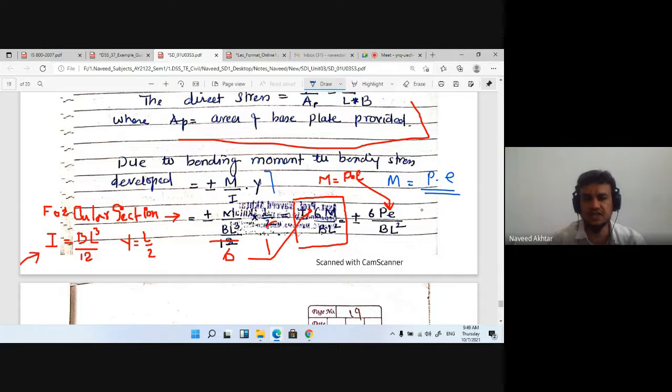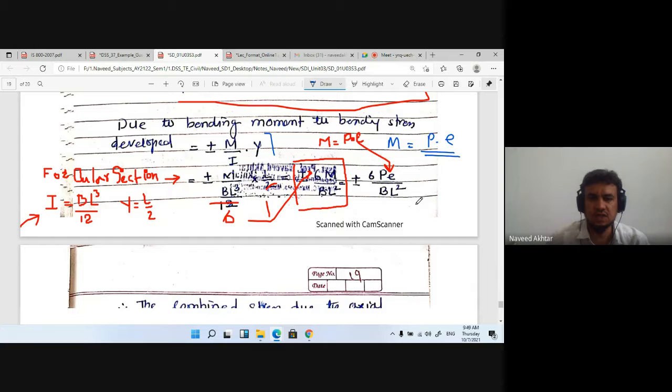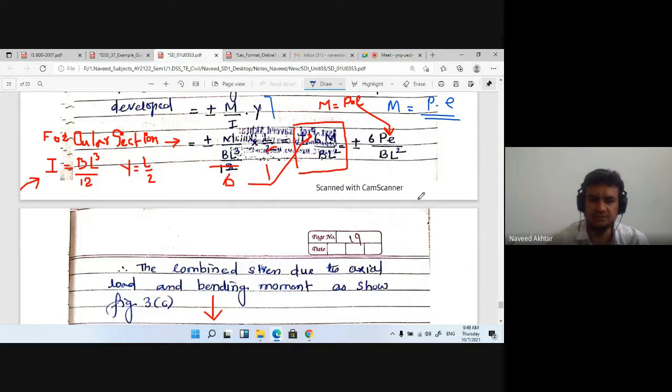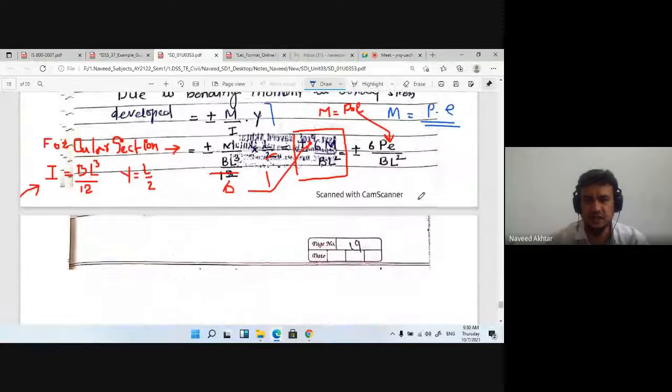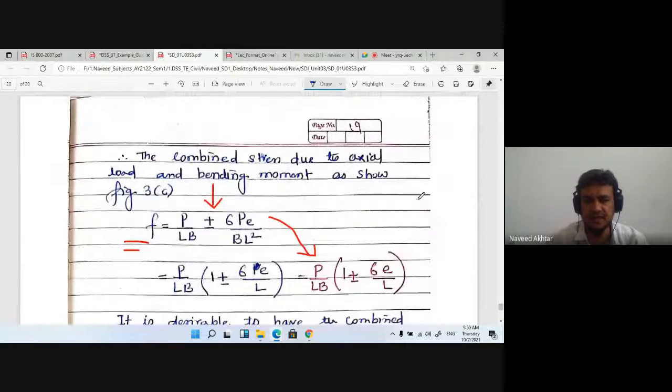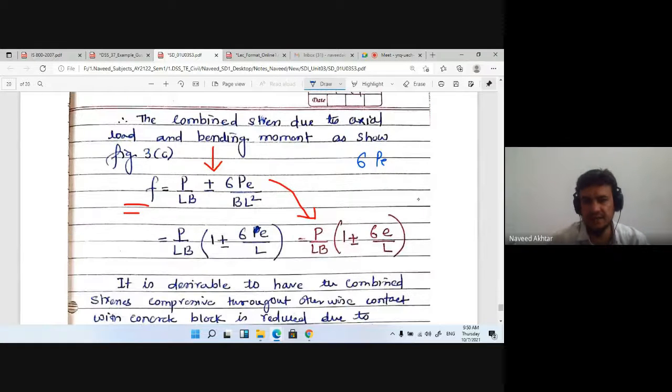So if you write down, the intensity of pressure is different at different places. So you can write this with the bending as 6PE upon BL square.